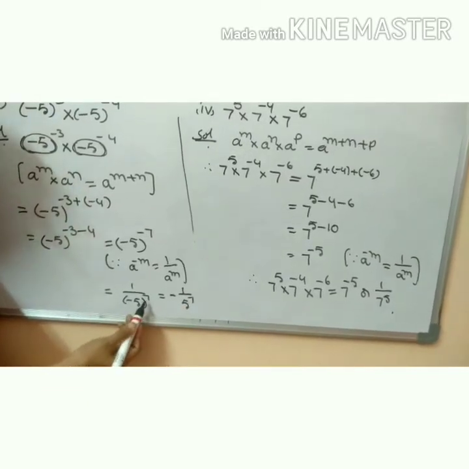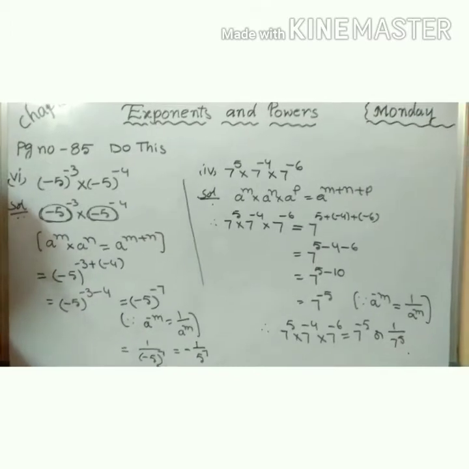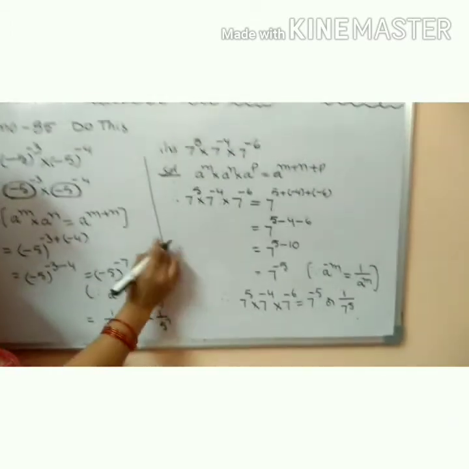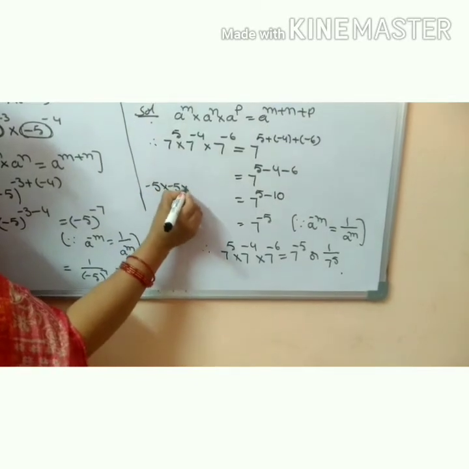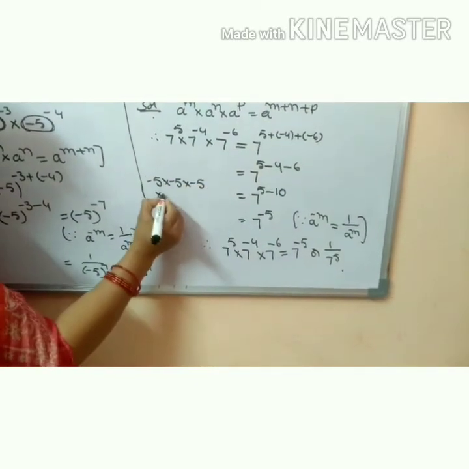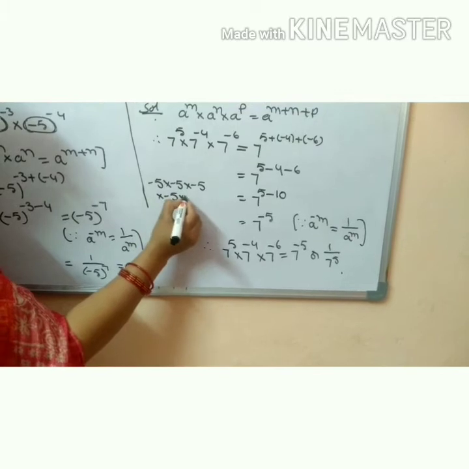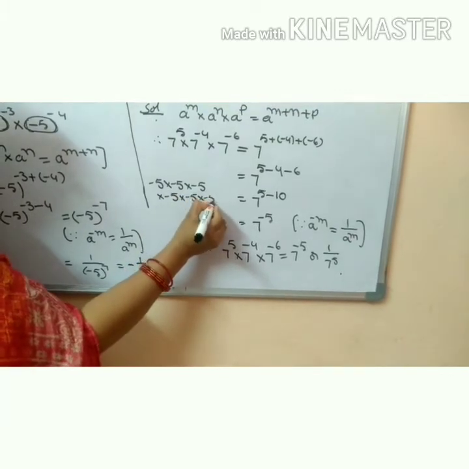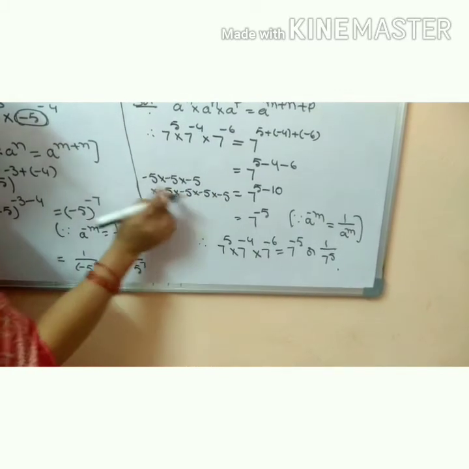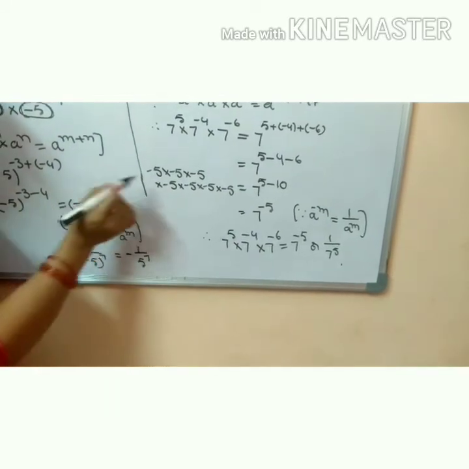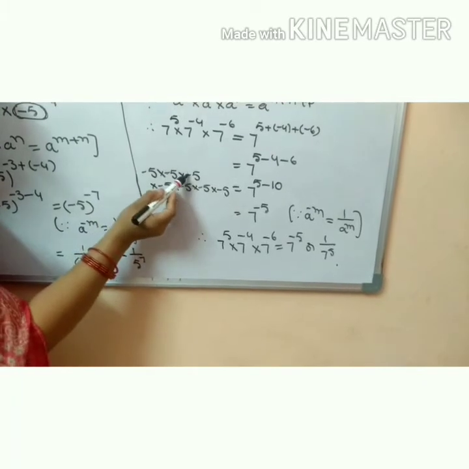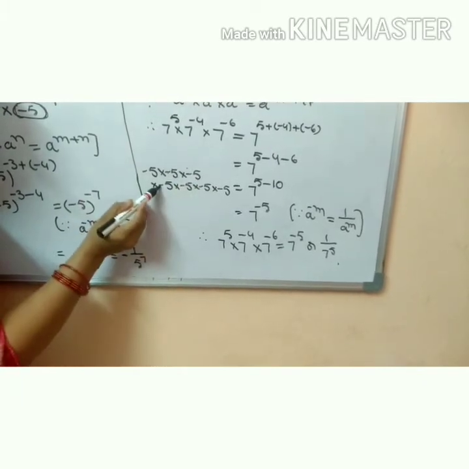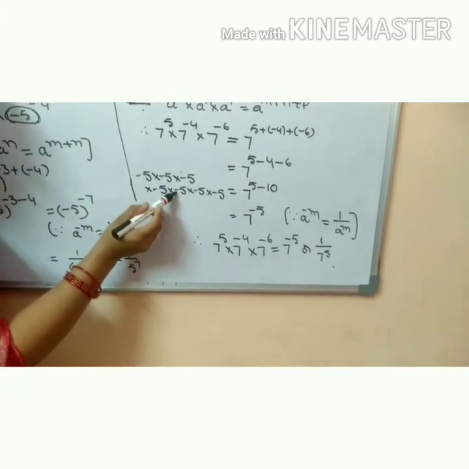Because when you write minus 5 whole power 7, you write minus 5 seven times: minus 5 into minus 5 into minus 5 into minus 5 into minus 5 into minus 5 into minus 5. Multiply the symbols: minus into minus, plus; plus into minus, minus; minus into minus, plus; plus into minus, minus.